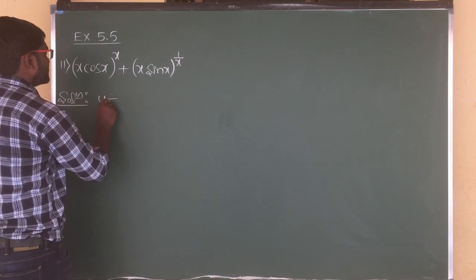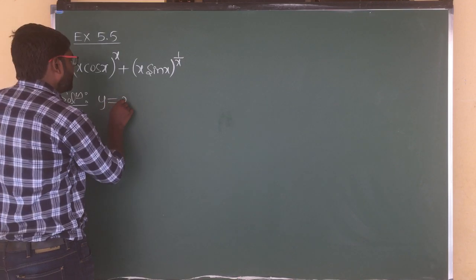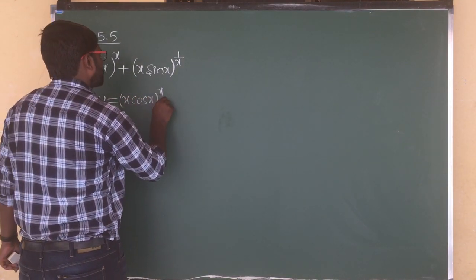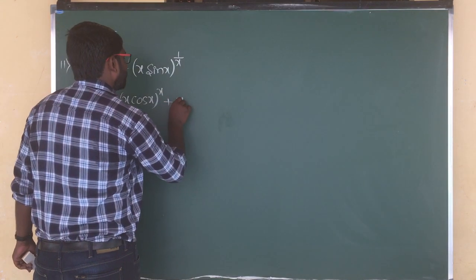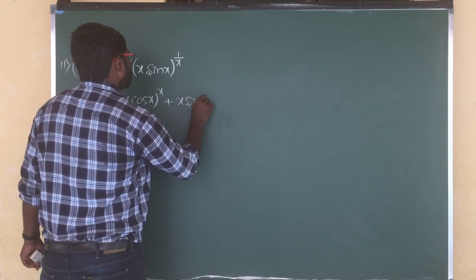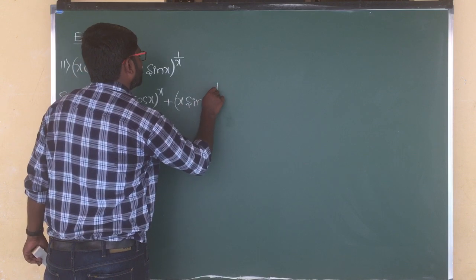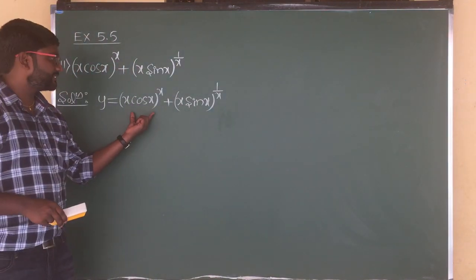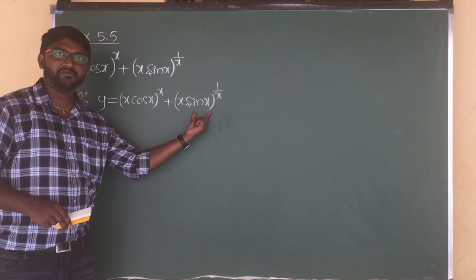I consider this as y, which is equal to (x cos x)^x plus (x sin x)^(1/x). Now see here, I consider the first term as u and the second term as v.